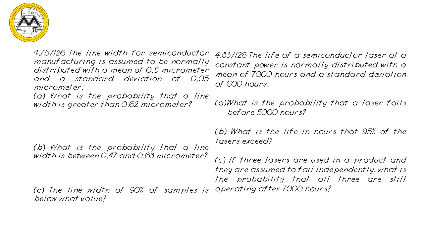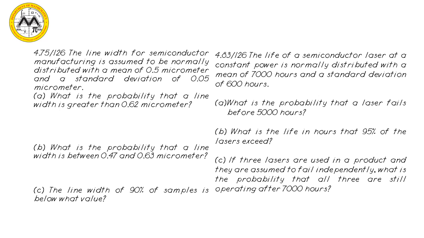This is the probability of x greater than 0.62, or the probability of z greater than (0.62 minus 0.5) over 0.05, or 1 minus P of z. What is the probability that a line width is between 0.47 and 0.63 micrometer? This would be phi of (0.63 minus 0.5) over 0.05 minus phi of (0.47 minus 0.5) over 0.05.